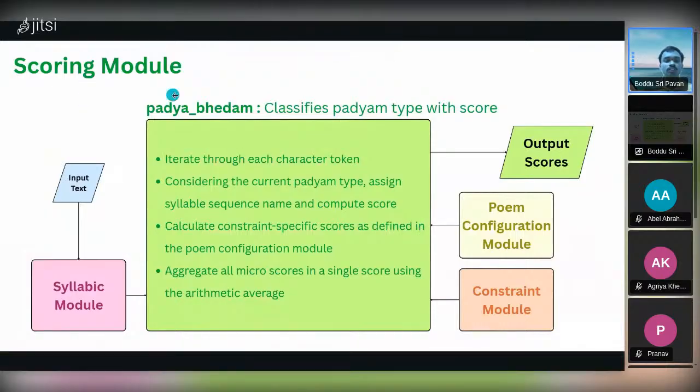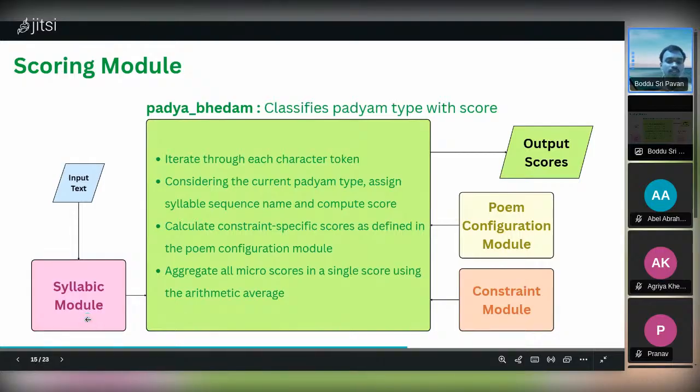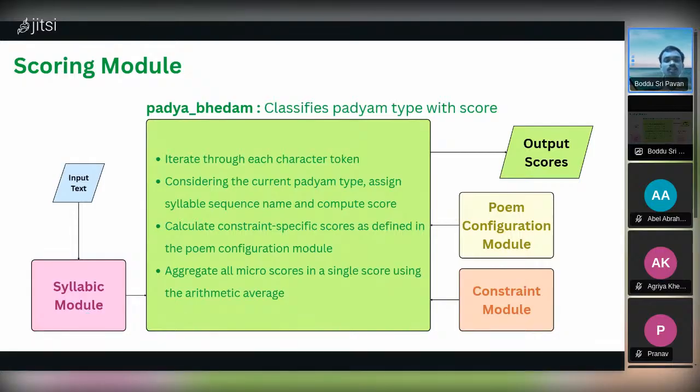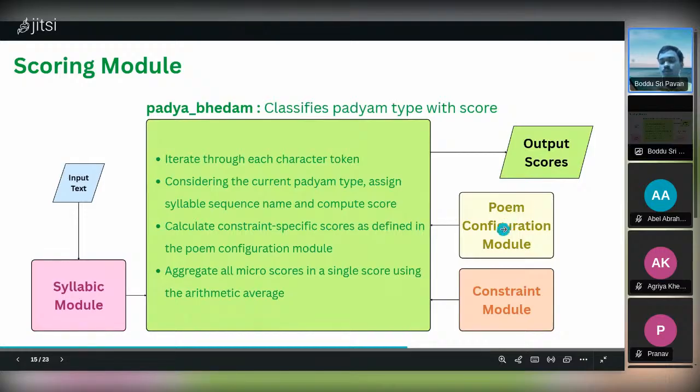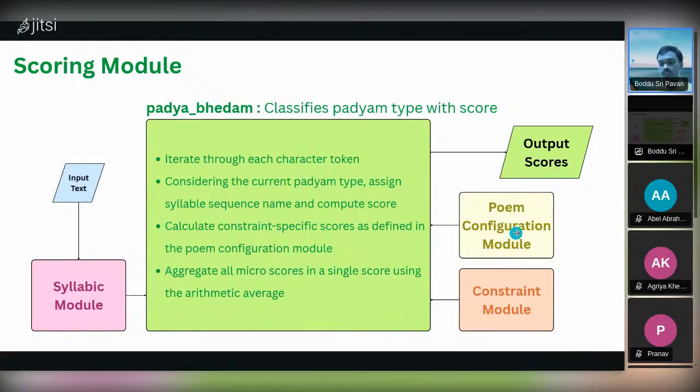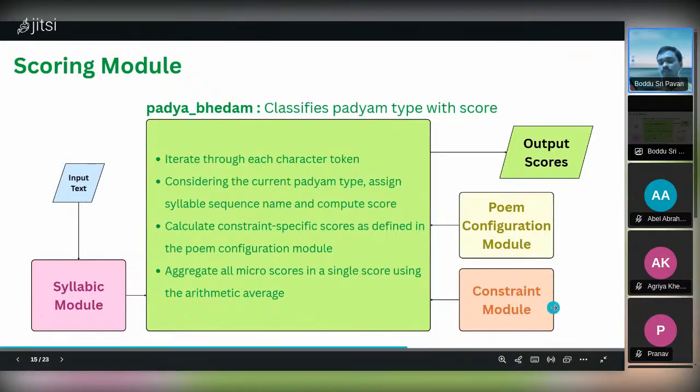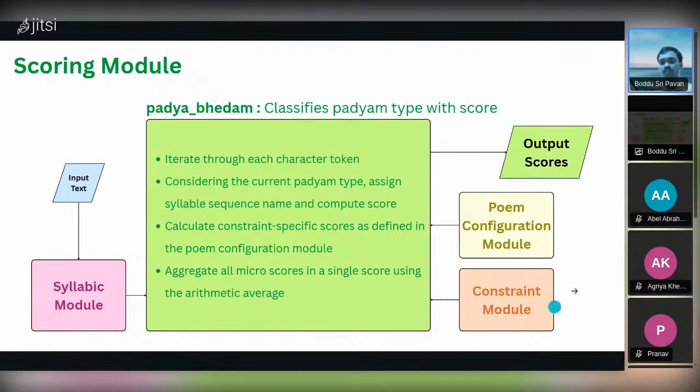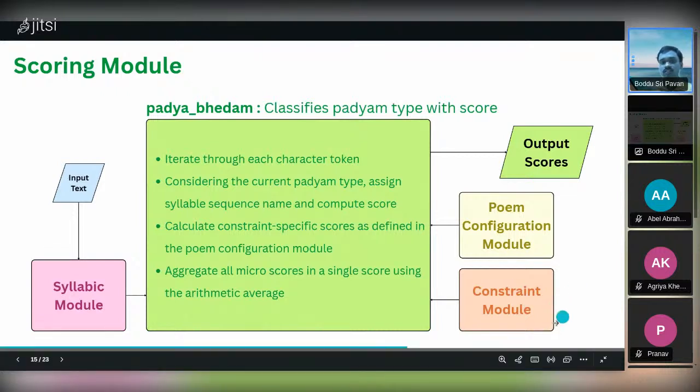This is the scoring module, which acts like an aggregator for all these things. To summarize, we consider input text. We have gone through the syllabic module, which classifies the given text into light versus heavy, the poem configuration module, where we have set all the predefined configuration for the poem, and the constraint module, where we have defined other constraints apart from syllabic sequences, like caesura and alliteration checks.